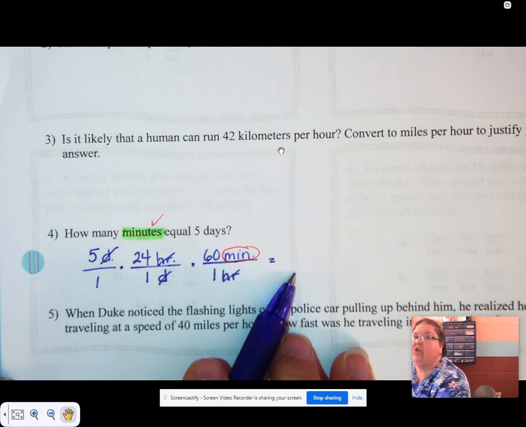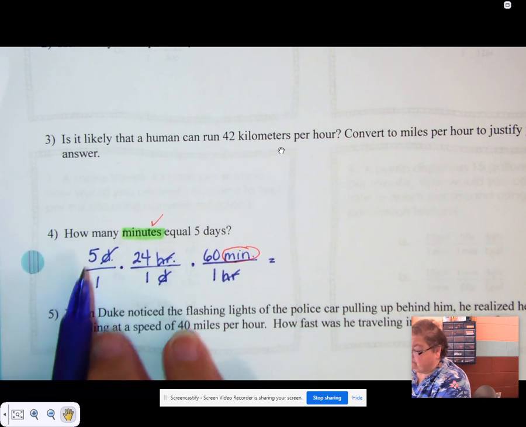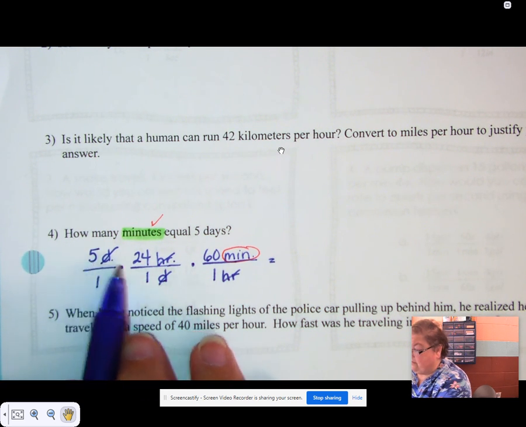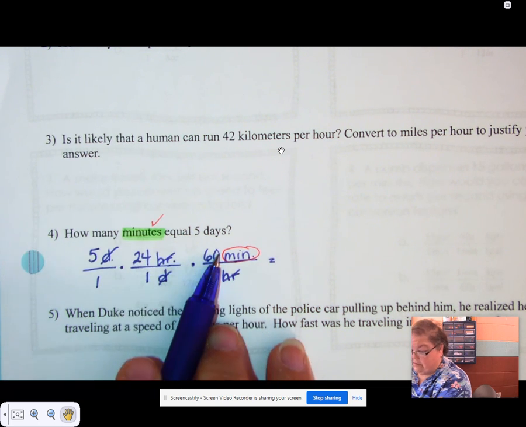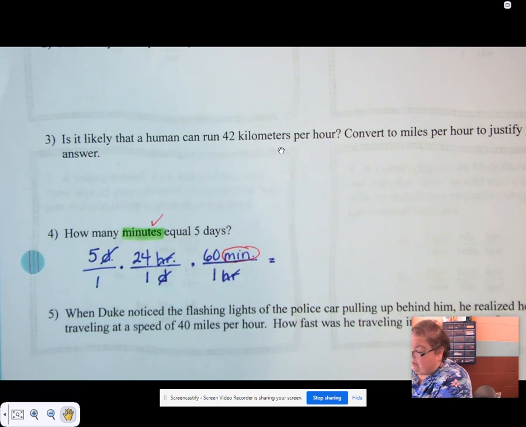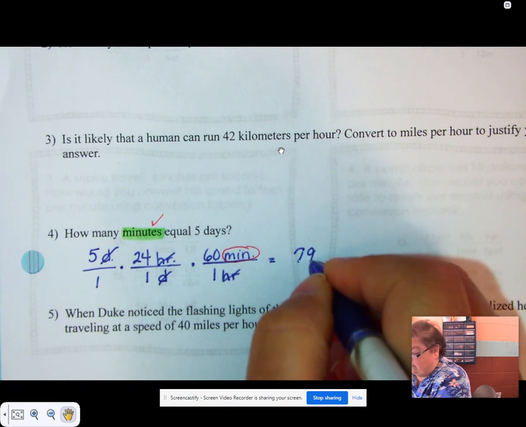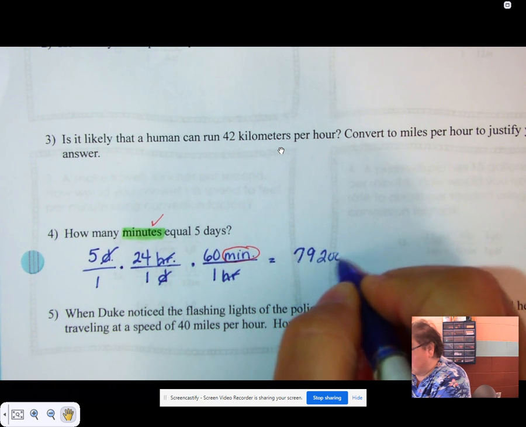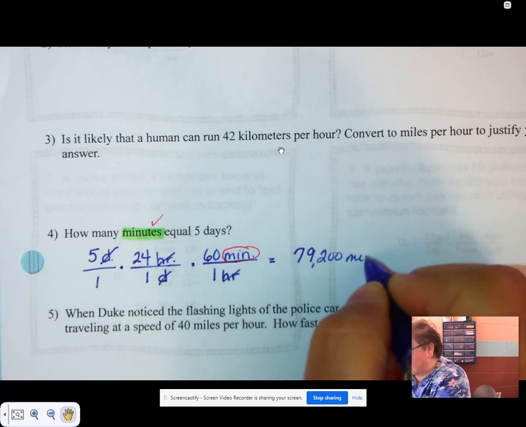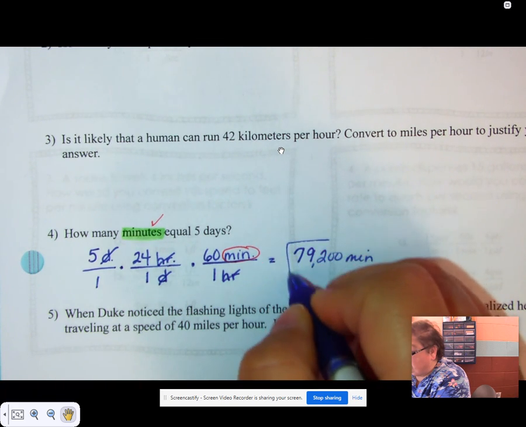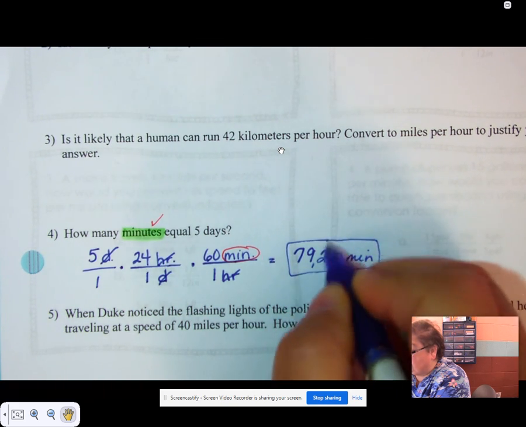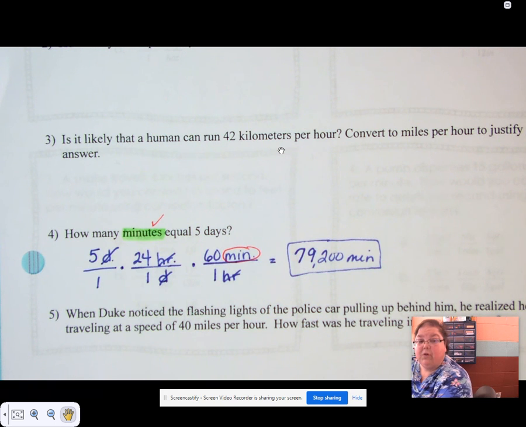Dividing by 1 doesn't change the value of anything, so I don't need to write it. So when I multiply 5 times 24 times 60, I'm going to get 79,200 minutes. And you have to give me the measurement in your answer. Okay? Measurements belong in the answer. Okay, so keep that in mind.